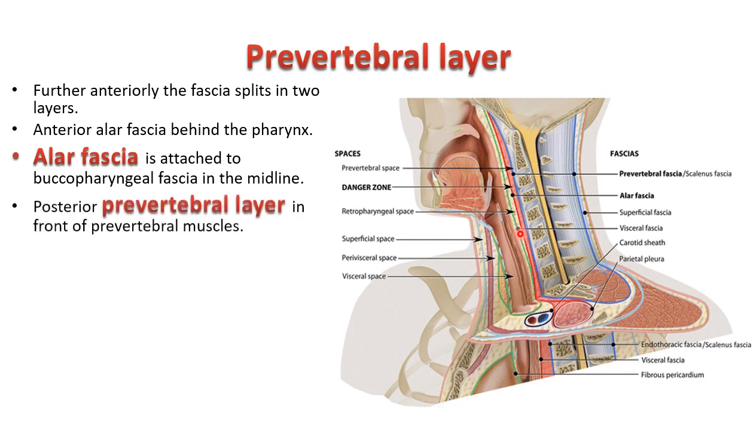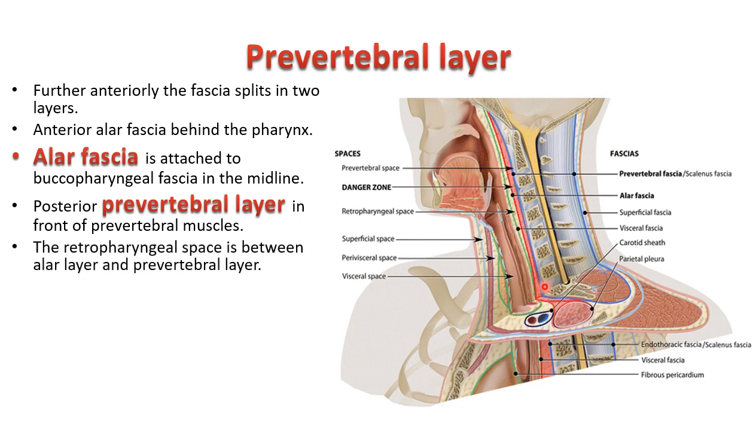Okay, so then posterior to this alar fascia, what you see is the thick prevertebral fascia, which covers the prevertebral muscles. Okay, the retropharyngeal space is present between the alar and the prevertebral layer.